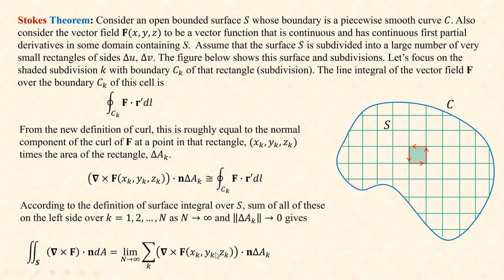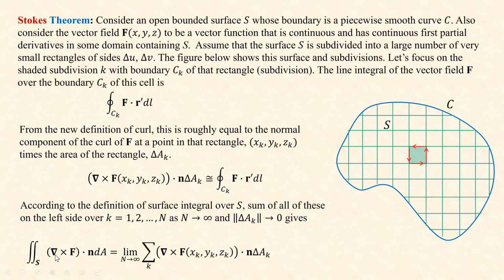See, curl of F evaluated at a point in that kth cell or area element, dot the normal to the surface, times the area of that cell, which is this. So adding all of these, with k going from 1 to infinity, as the number of cells goes to infinity and each one of the cells goes to 0, this is the surface integral of curl of F, I should say.